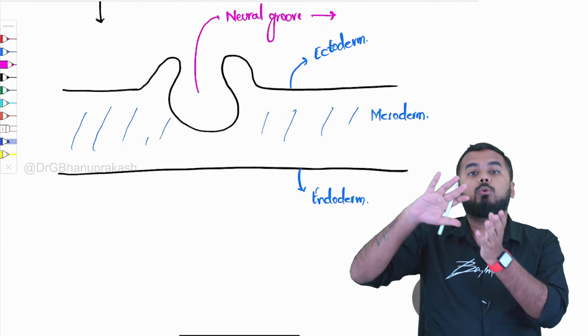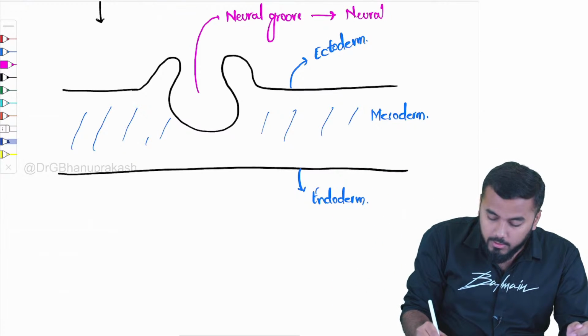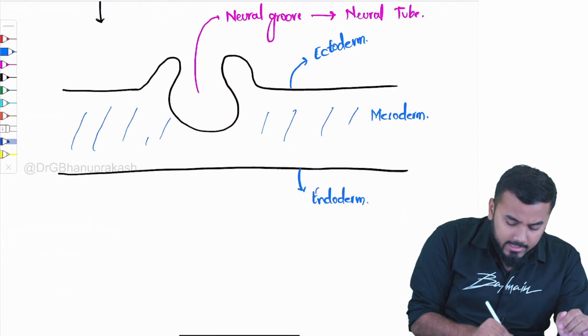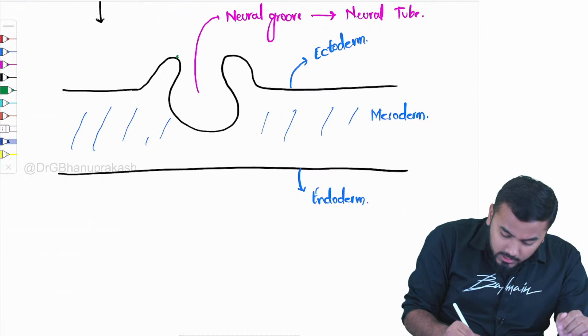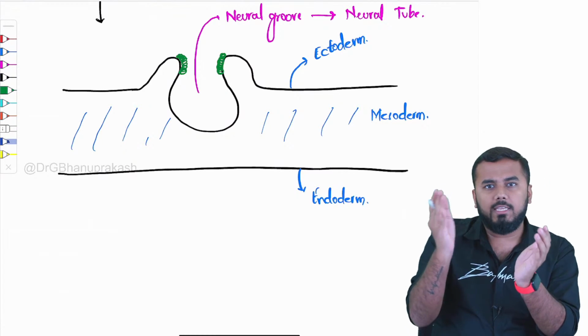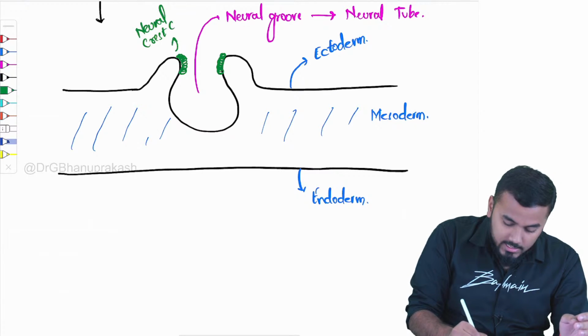The neural groove, in the future, will form the neural tube. I'll also draw that, don't worry. And another important thing is that on the edges of the neural tube, you have got a group of cells on either side. These group of cells are called neural crest cells.